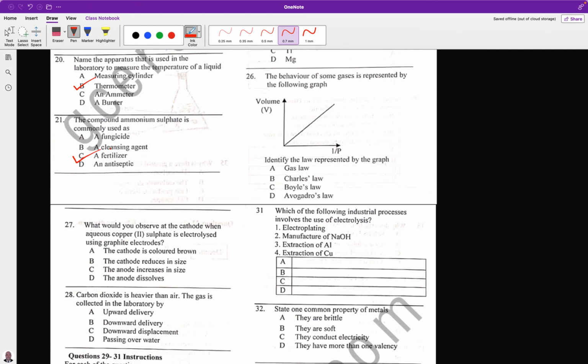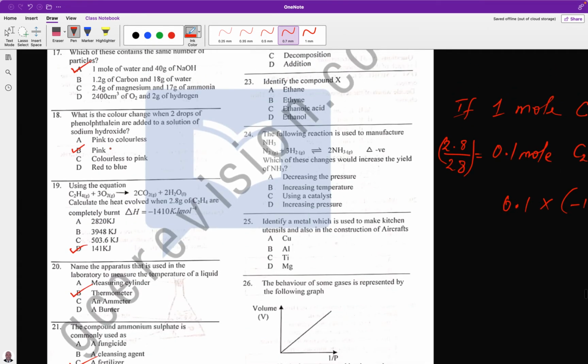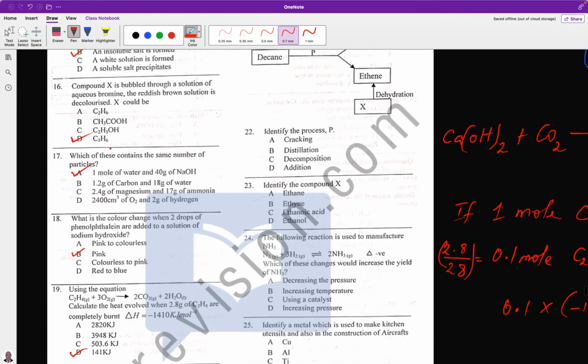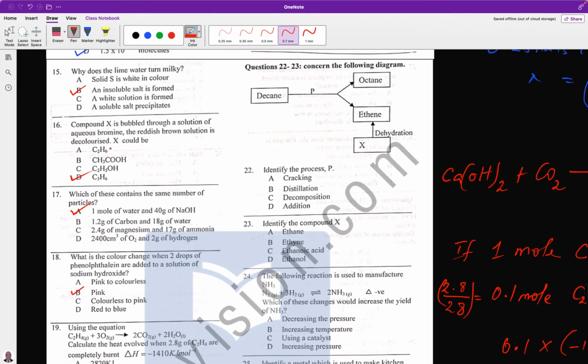And question number 22. Questions 22 and 23 concern the following diagram. The diagram here gives us something on decane. Decane has 10 carbon atoms, an alkane.